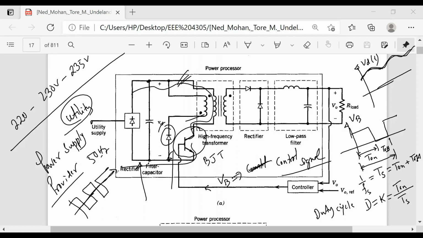Can anyone tell me who will determine this frequency? The controller. Right. This is the controller. So in this book, it is mentioned that this switching frequency could be 300 kilohertz. It depends on the device you are using.